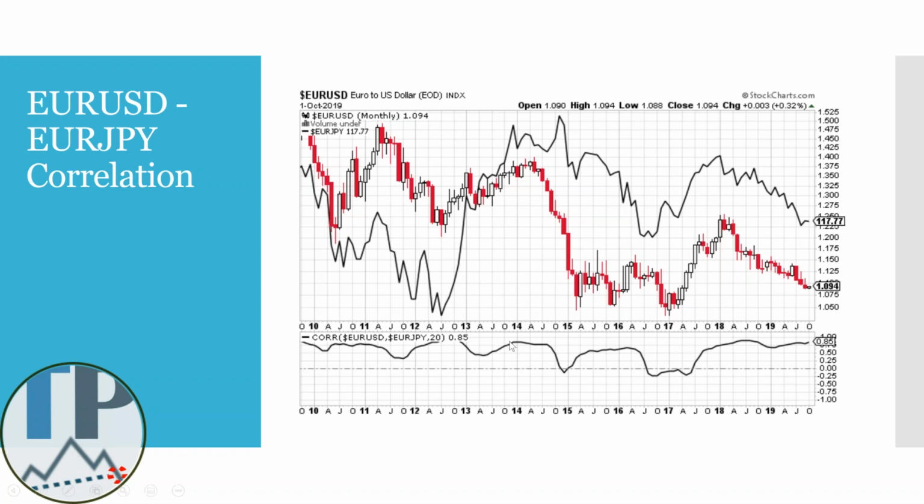But then, of course, you also have events of a perhaps geopolitical nature or just a political or economic nature that are specific to the US or to Japan. Those are events that will turn this correlation towards zero or into the negative.